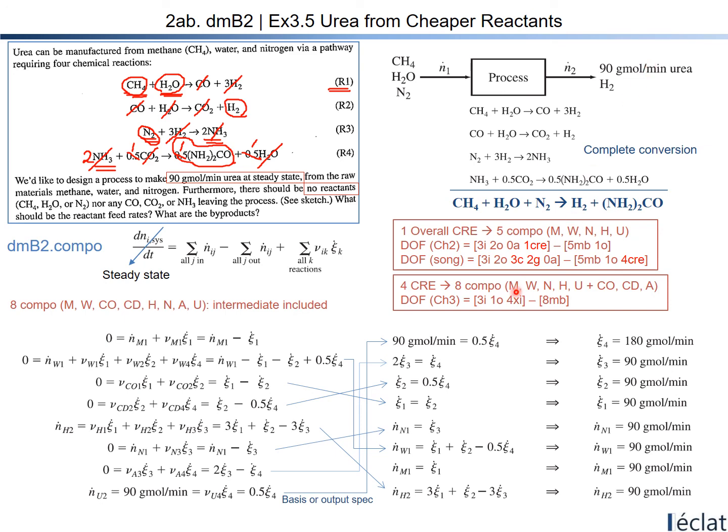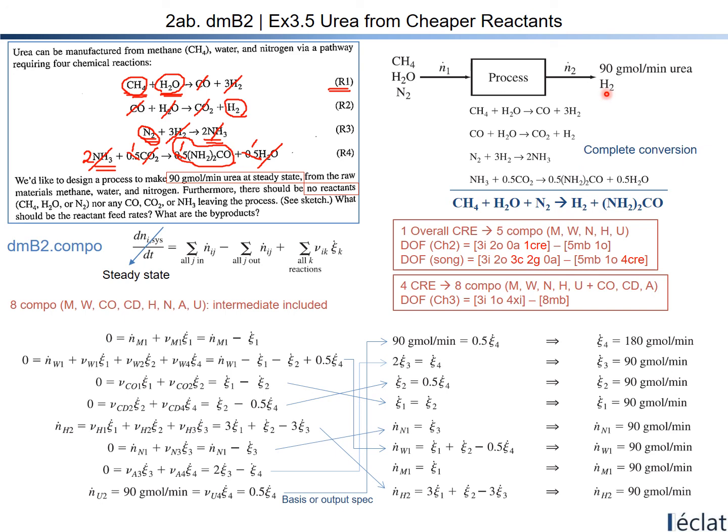However, in this case, let me say, we have already known that the flow rate of urea is fixed at 90 gram mole per minute. So I don't want to count the urea flow rate as output variable. So just let me say the output variable is only 1.